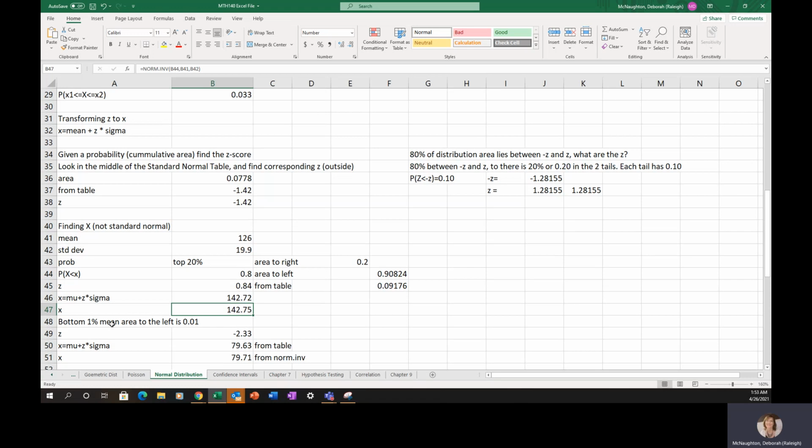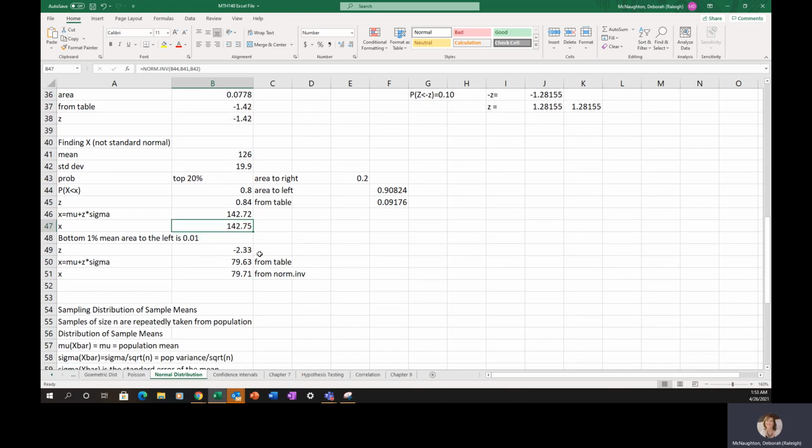Okay, if they asked me for the bottom 1%, that is the area to the left. So again, you don't have to find the z first. I know this is how your stat lab shows you to do it, but we're going to do it this way.